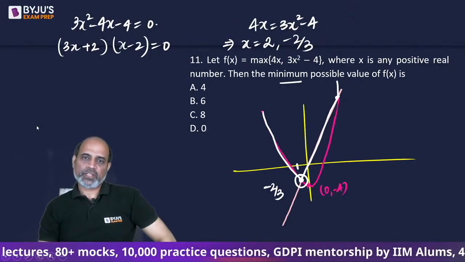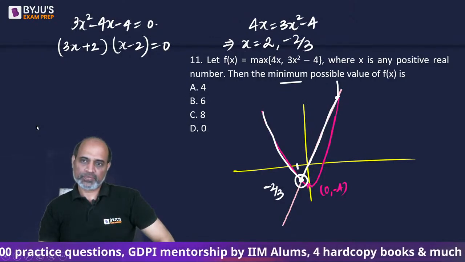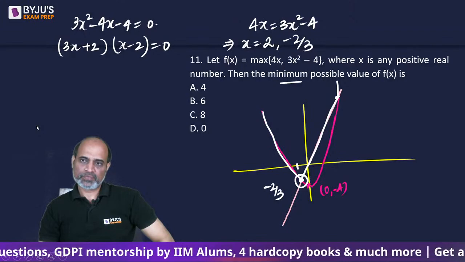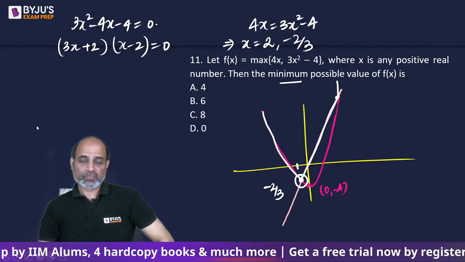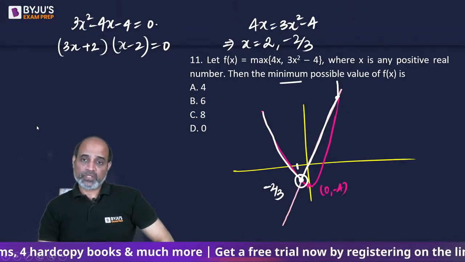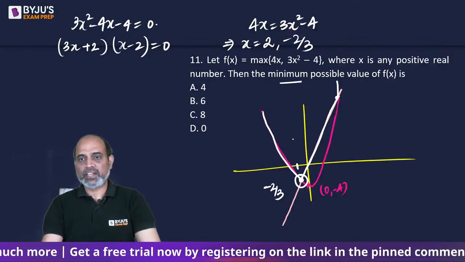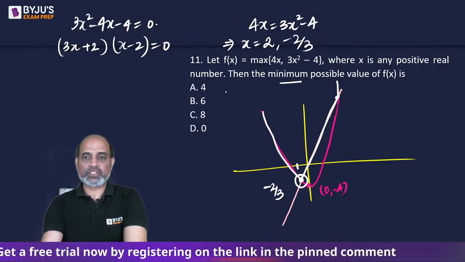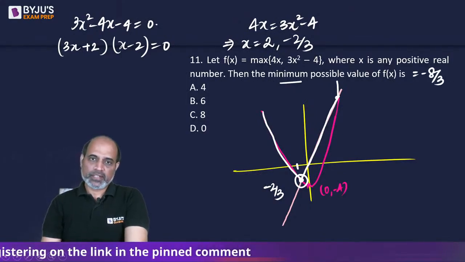x square minus 4x minus 4. Looks like some typo in the question, because the minimum possible value is going to be -8/3, right? If I put -2/3, the minimum possible value is -8/3. This is what will come.